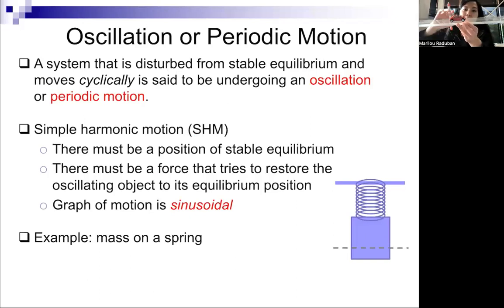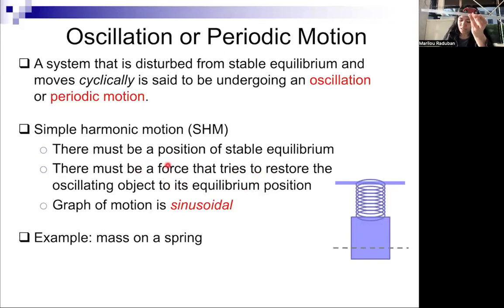And then if I displace the object, when I pull the car to one side and let go, the spring will try to bring the car back to its original equilibrium position. And so there's this force from the spring that tries to restore the car to its equilibrium position.